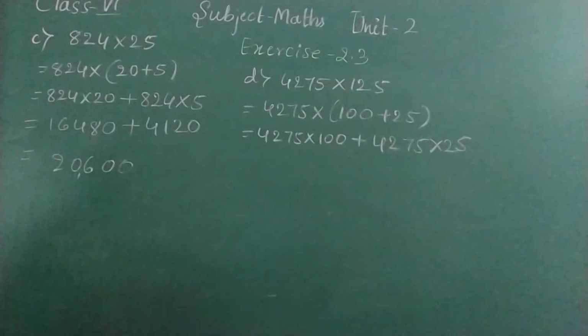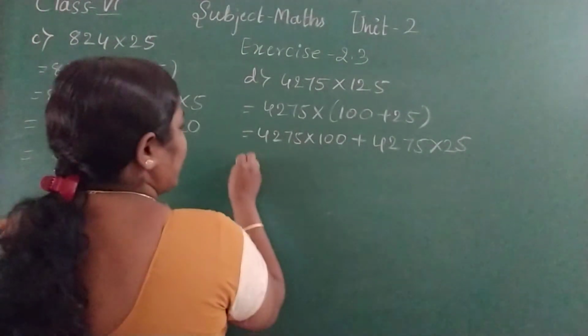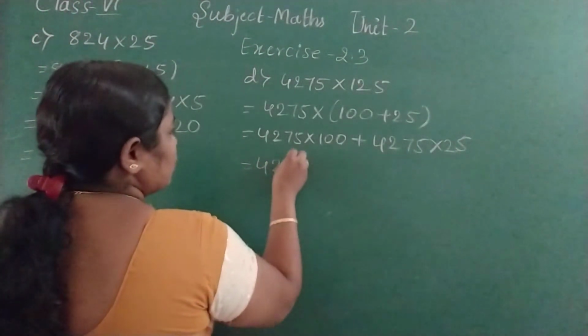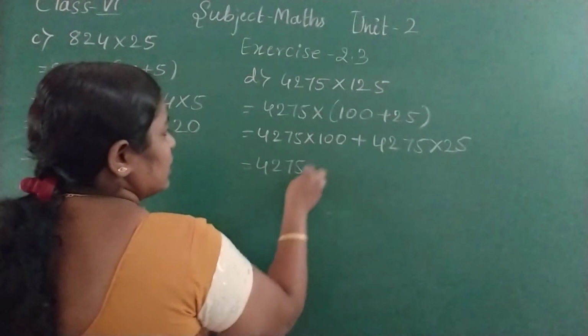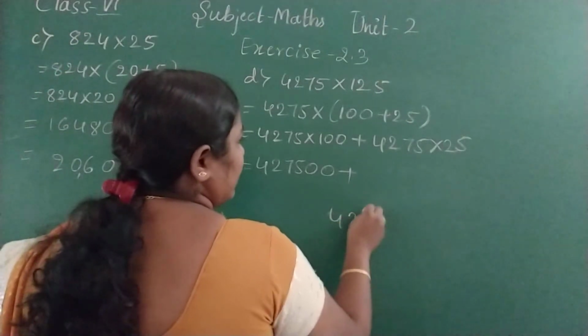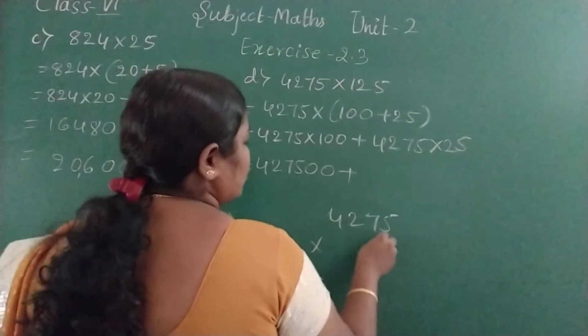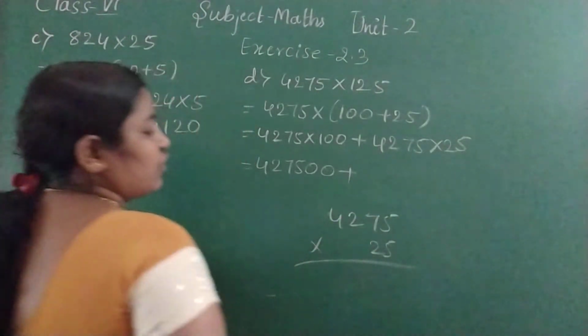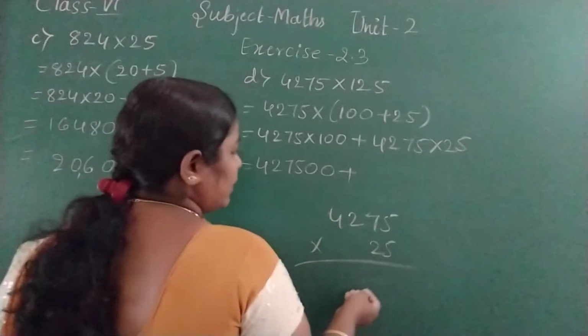Same distributive property. So multiply this: 4,275 ones are 4,275, after that 2 zeros. Then we should multiply 4,275 into 25. If you know 25 tables, you can multiply directly.